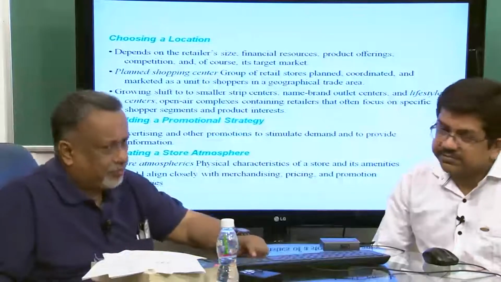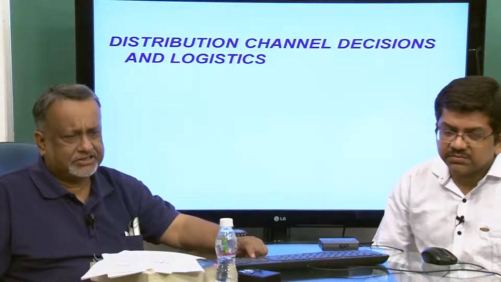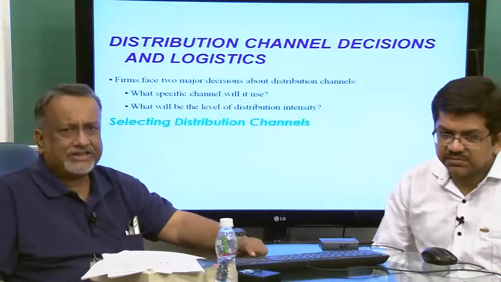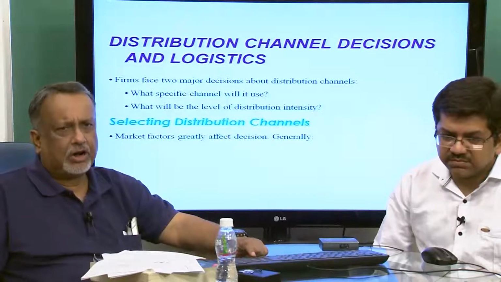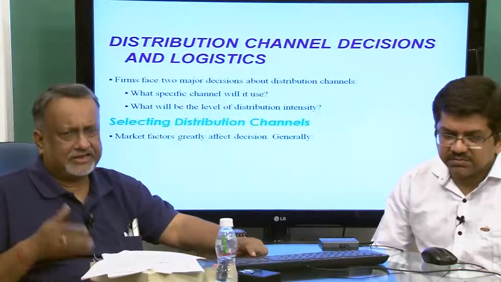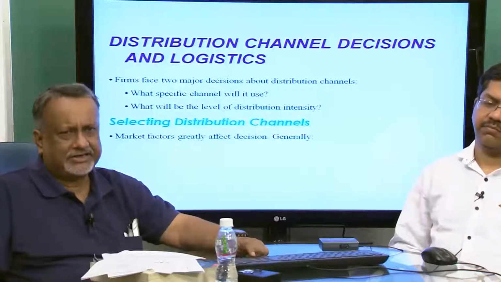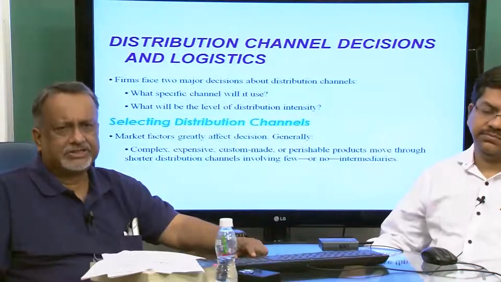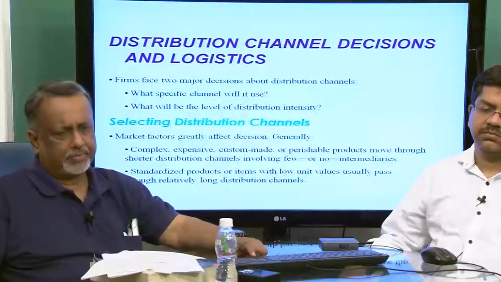Then I move to distribution channel logistics, some of the issues that we have discussed, that is, how you will select a distribution channel. Again, it will depend on the product, whether it is a convenience product, a shopping product, or a specialty product, and what kind of customers you are serving.